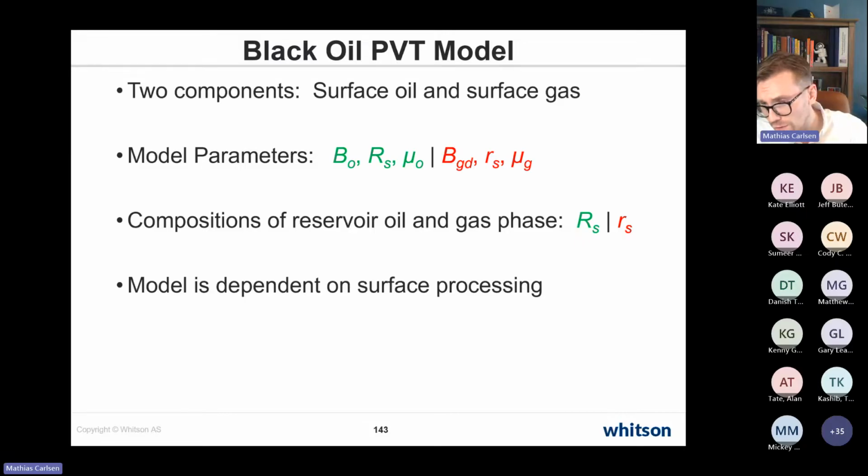At least for all the unconventional basins we've been looking at, which is probably 14, 15 basins now, we've been able to successfully create one equation of state. That means the relative aromaticity and paraffinicity in the basin itself is really consistent, even though the compositions are changing drastically.